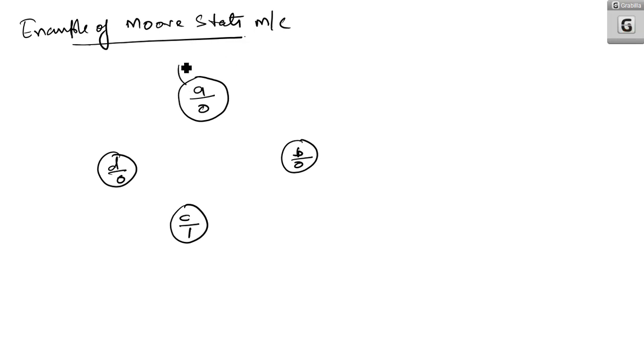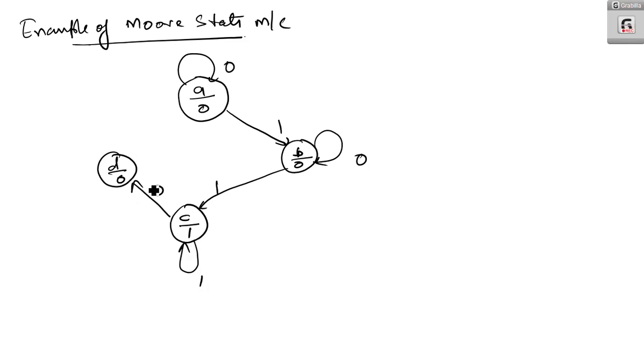If the input is 0, it will remain in A itself, and if the input is 1, it will go to B. Here, if the input is 0, it will remain in B, and if it is 1, it will go to C. Here if it is 1, it will remain in C, and if it is 0, it will go to D. Here 1 means it will remain in D itself, and if it is 0, it will go to A. Okay. So this is the state machine.